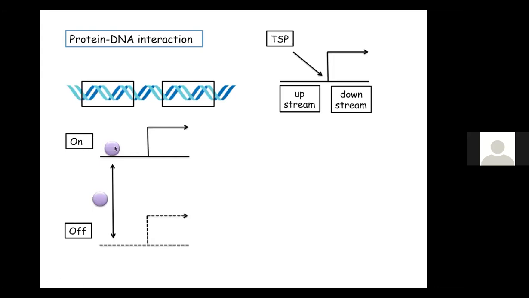The RNA polymerase will come and read the frame and produce the gene product. Now, can we model this process of on and off state transition? This double-headed arrow means this is a very fast process. It happens in a time scale of a few seconds.